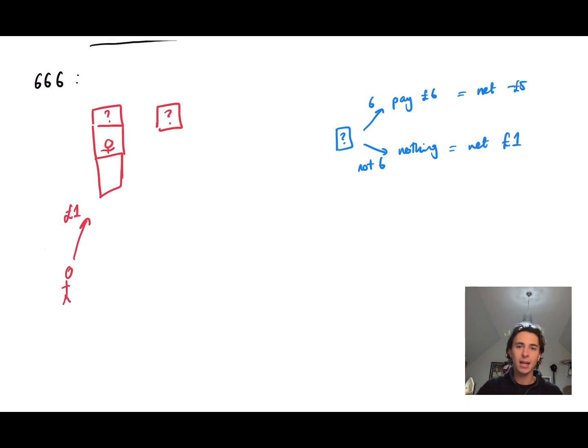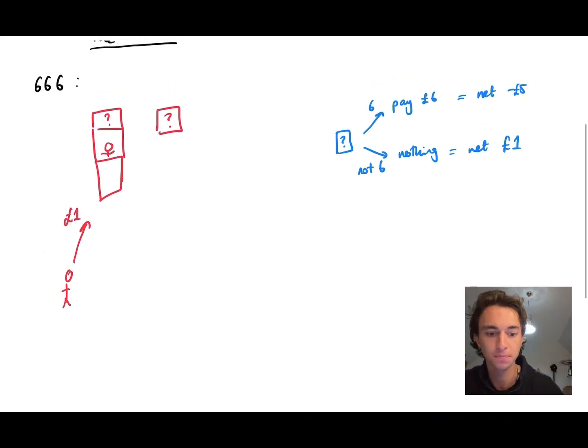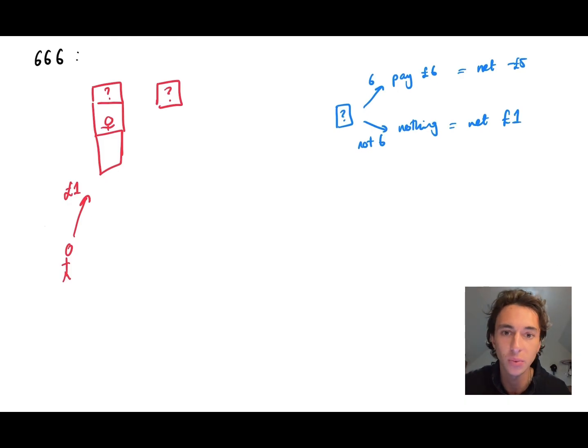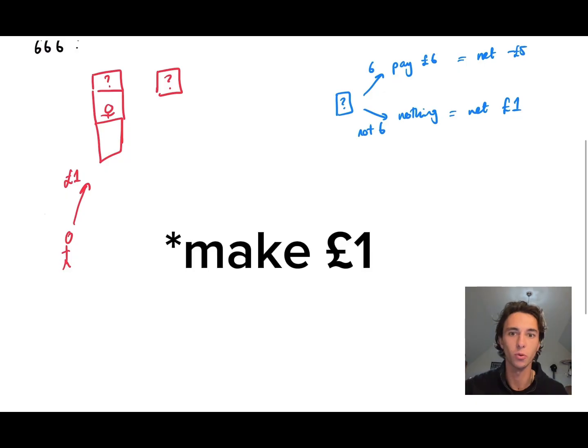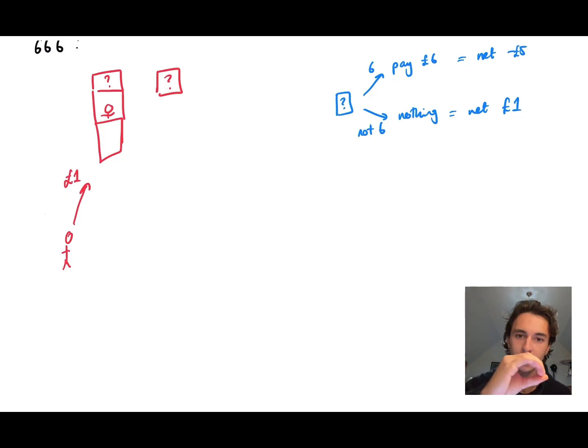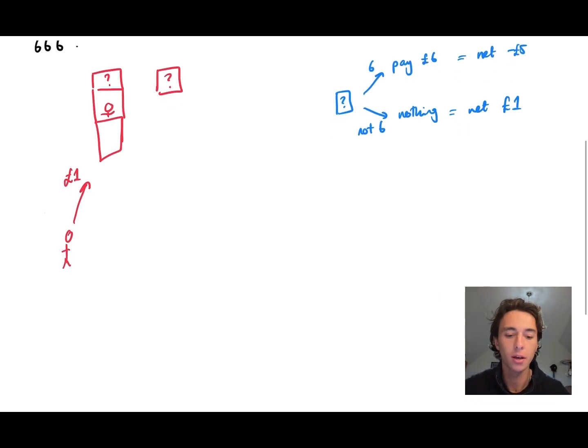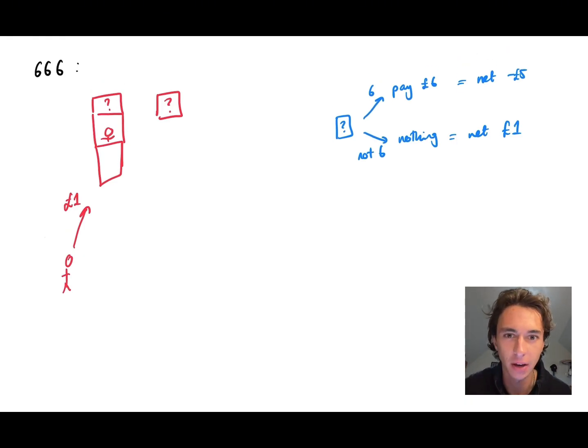Okay, so what you can see from this is that clearly this is a fair game. There's a 1 in 6 chance that we lose £5, and there's a 5 in 6 chance that we gain £1. So overall, the expected value of this game is £0. The net transfer of money is 0, and so it's a fair game.